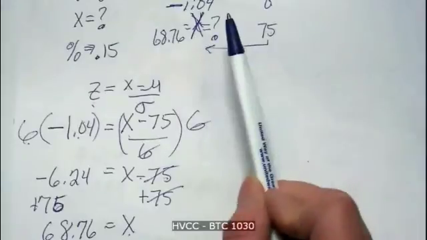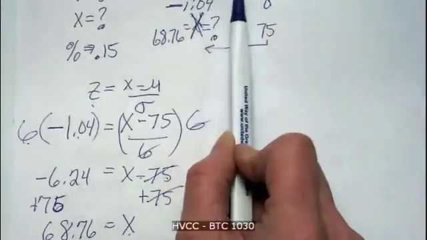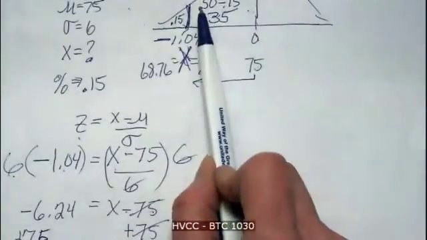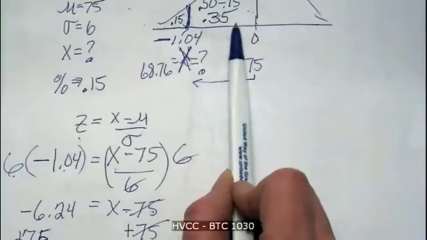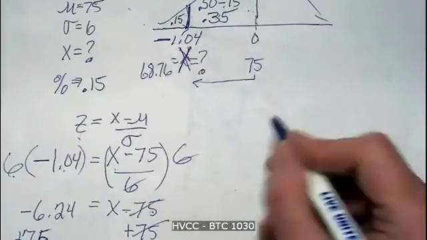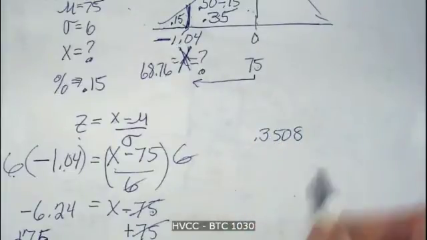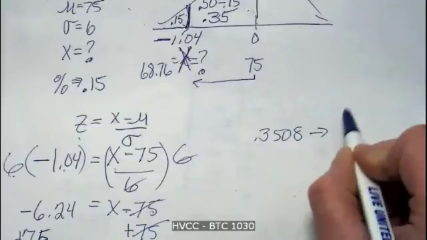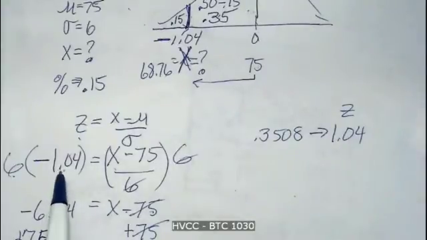I said I have 15% here. So therefore, to find 35%, I said 0.5 minus 0.15 and got 35%. I looked up 35% and found 0.3508 in the table. That corresponded to a Z of 1.04, so I put it into the equation.